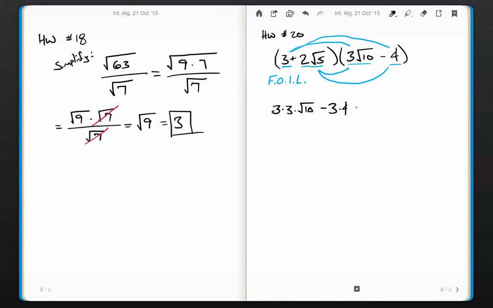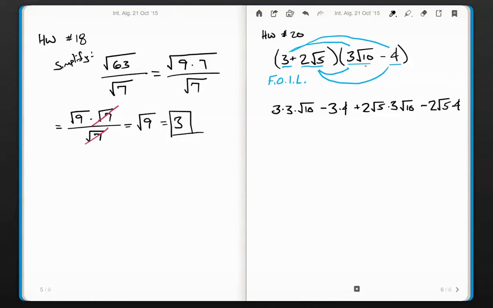The next one is going to be plus 2 times 3, or 2 times root 5, times 3 times root 10. And then the last one is going to be minus 2 root 5 times 4.